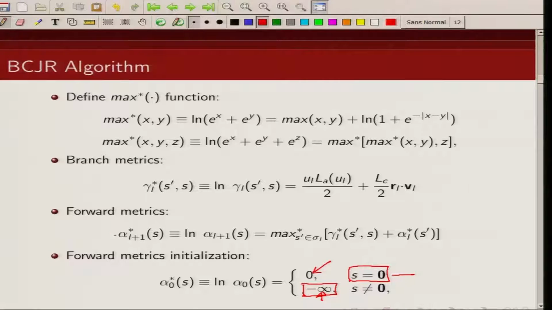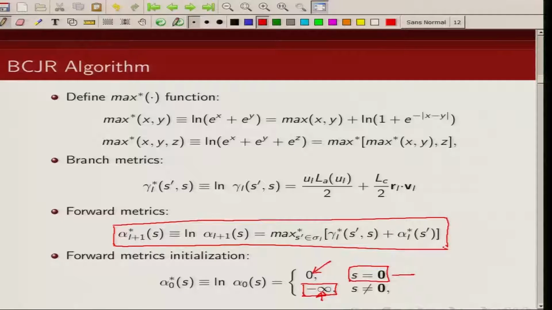So if we are writing our recursion using the max star operation, then the initialization should be done like this: alpha 0 star of state 0 will be 0, and it will be minus infinity for all other cases.